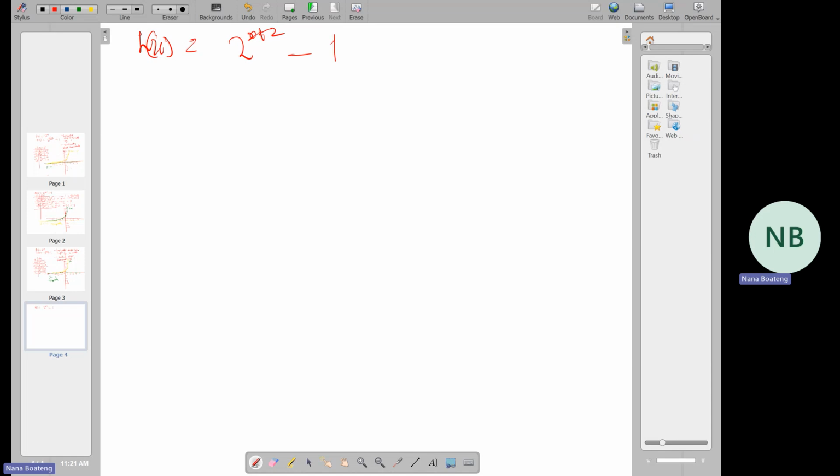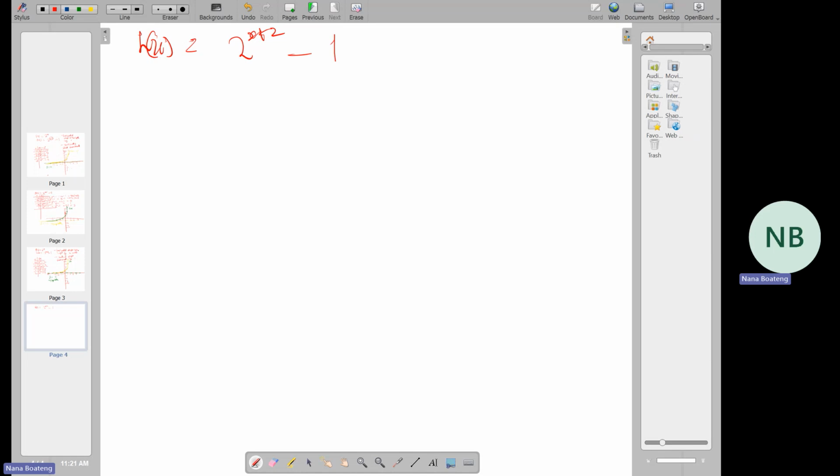When x is negative 4, we have 2 power negative 4 plus 2 minus 1, which equals 2 power negative 2 minus 1. 2 power negative 2 is 1/4, so we have 1/4 minus 1, which equals negative 0.75.